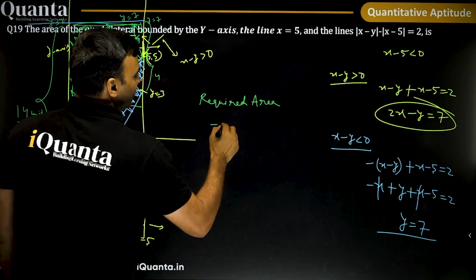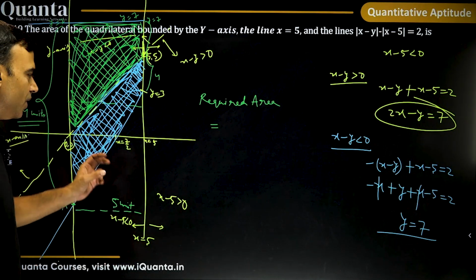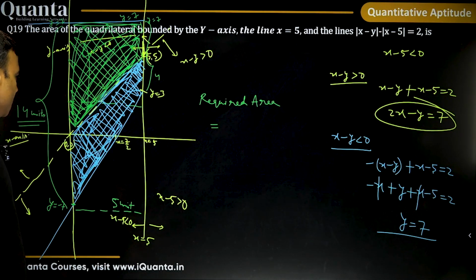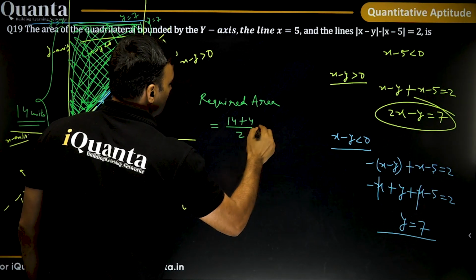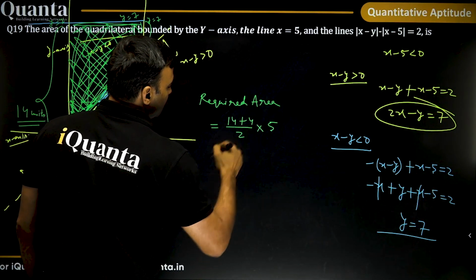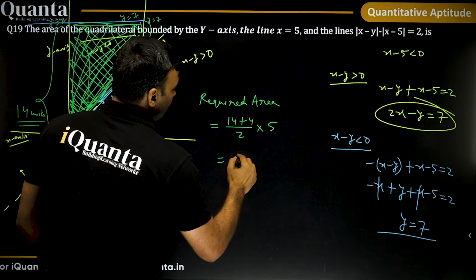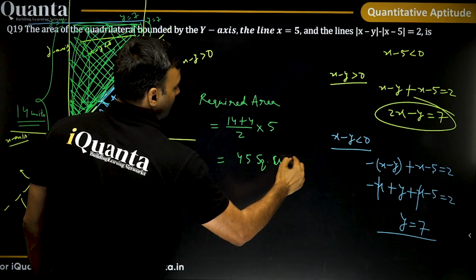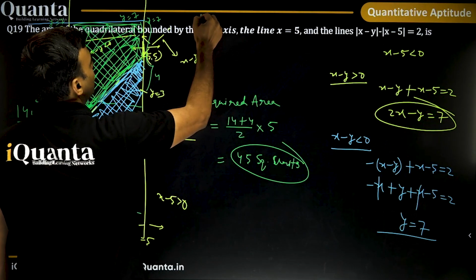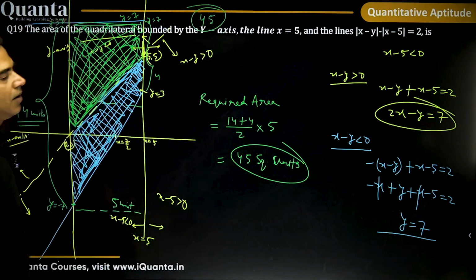It is definitely an advantage for people who understand graphs a little bit. The required area is the sum of parallel sides, 14 plus 4, divided by 2, into the height 5. 14 plus 4 is 18, by 2 is 9, into 5, 45 square units. So the required area is 45, and that's the answer to the question.